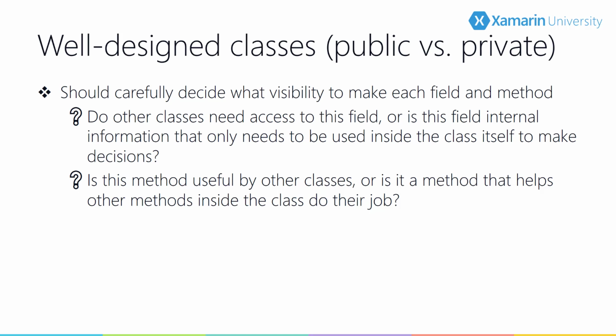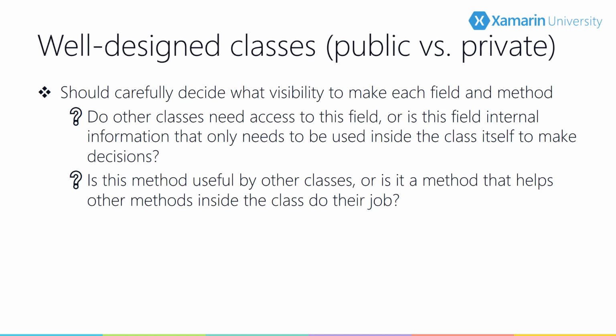Now, I'm not going to really be able to fully answer this question just quite yet, because we don't have enough knowledge of programming, but there are some questions that you can ask yourself to figure out if it should be public or private. Ask yourself, does this field or method ever have to be accessed by some external source?